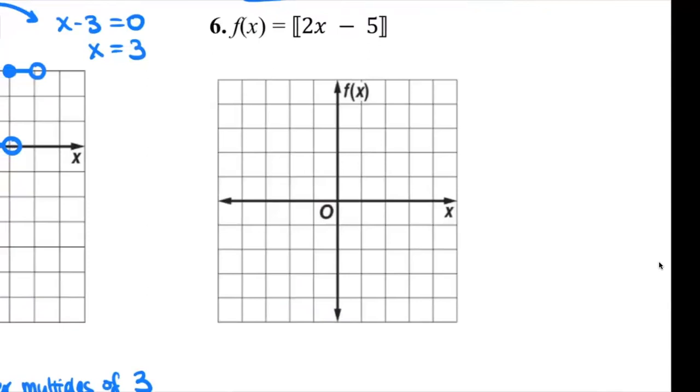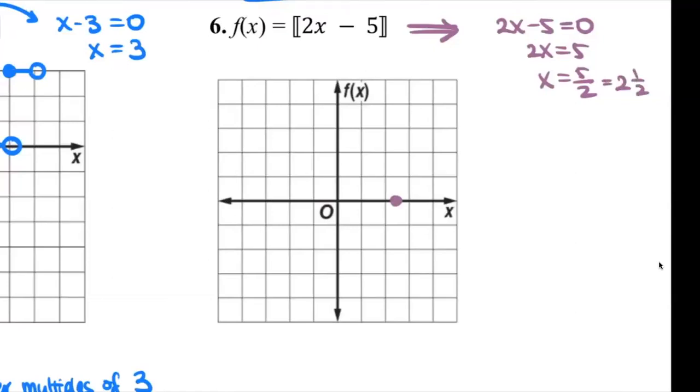Okay, let me go ahead and see if you guys got number 6. So final answer here, this is what I would do. I would set that equal to 0. Solve, I get 5/2, so basically 2.5. So that's my new starting point here. And also because of that 2, this is my b, I know my 1/b is going to be 1/2.